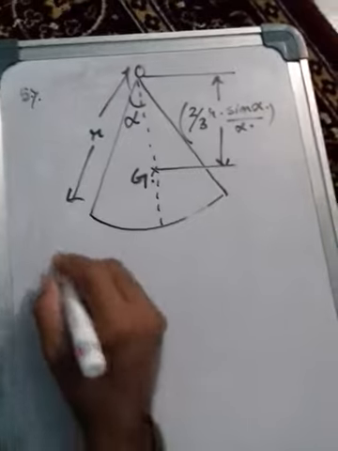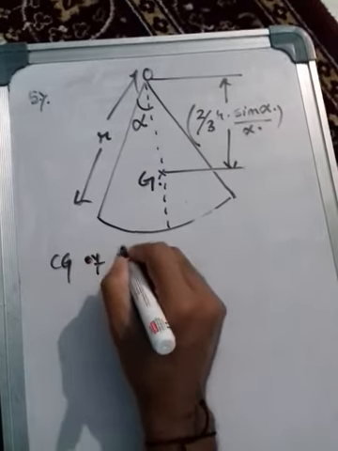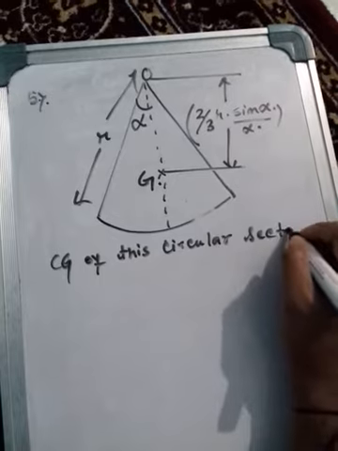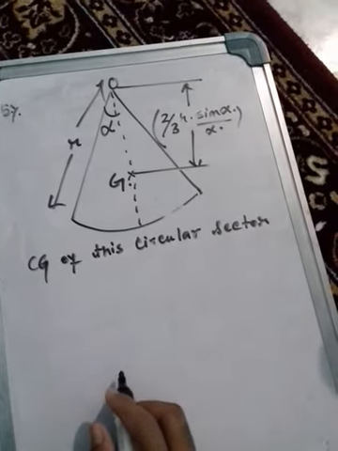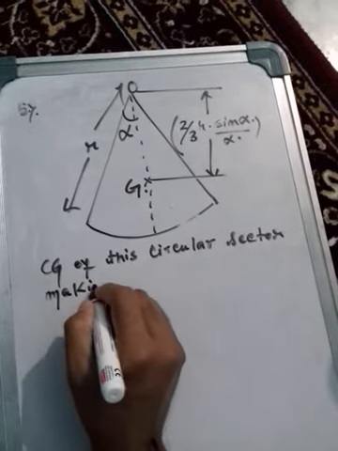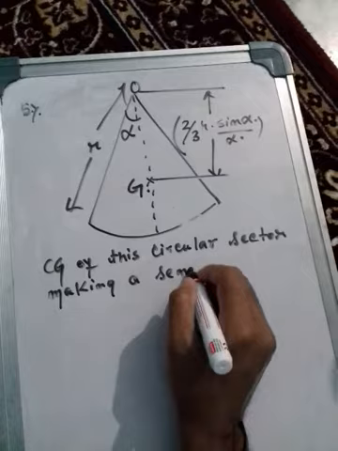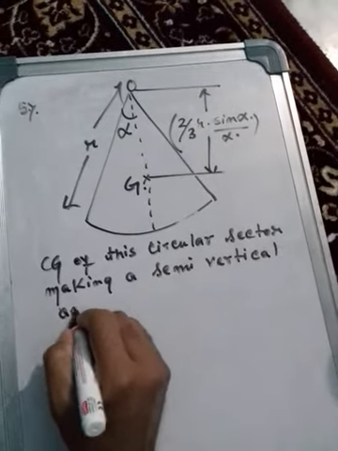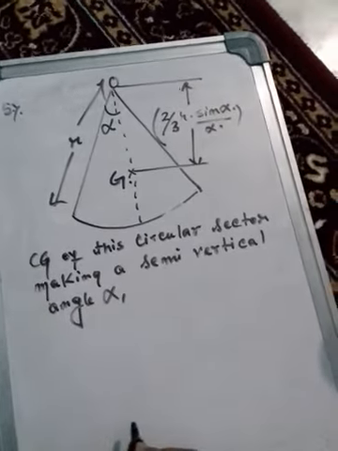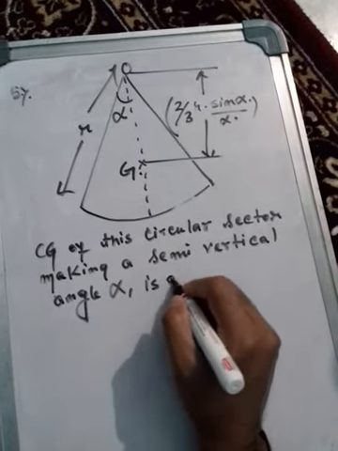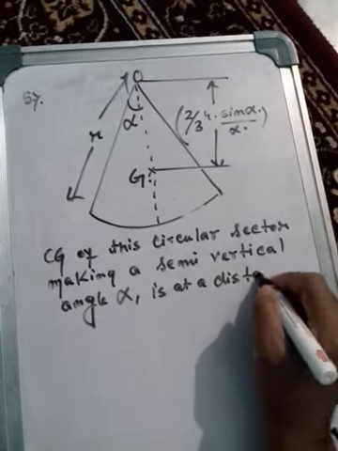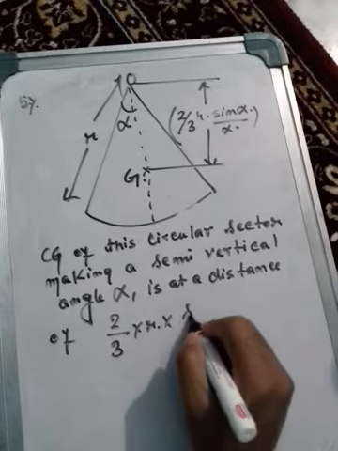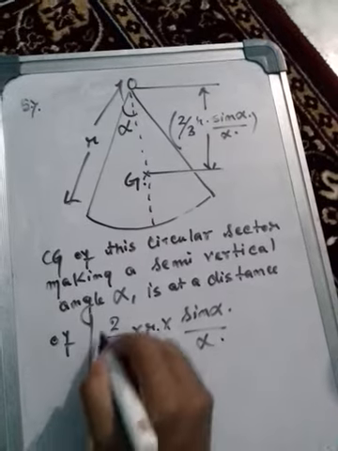Now CG of this circular sector, which is making a semi-vertical angle alpha, is at a distance of 2 by 3 into radius into sine alpha divided by alpha.